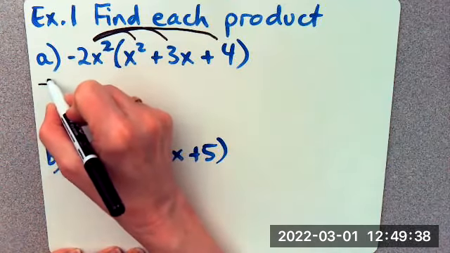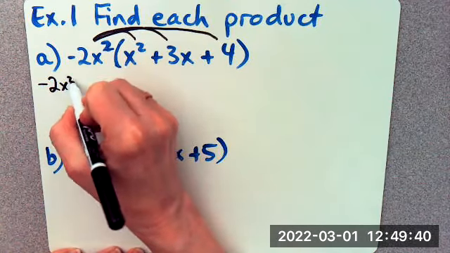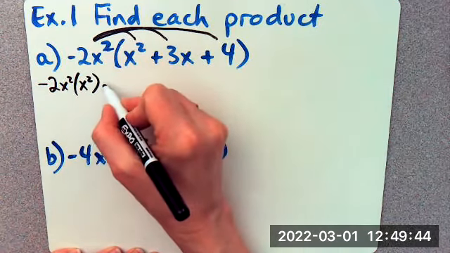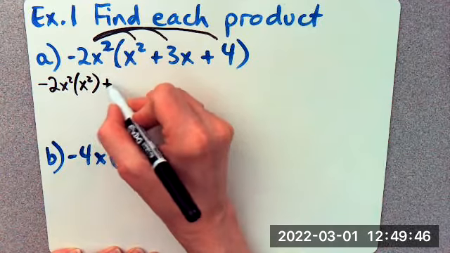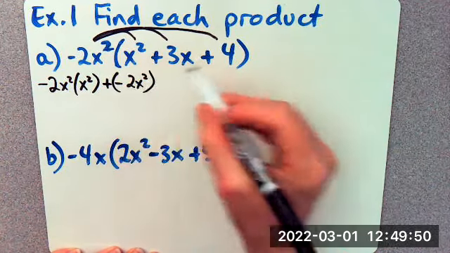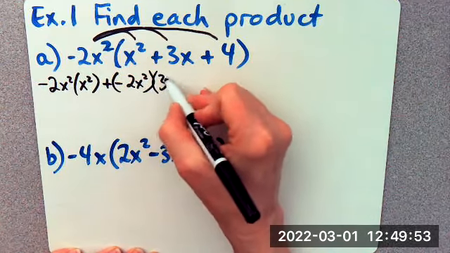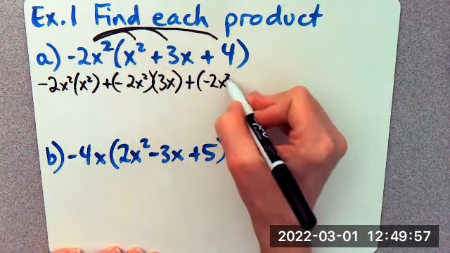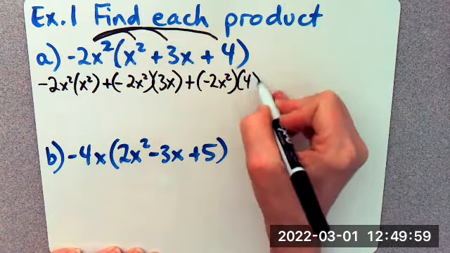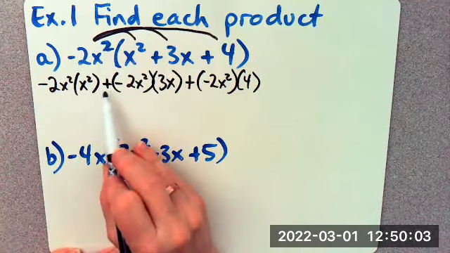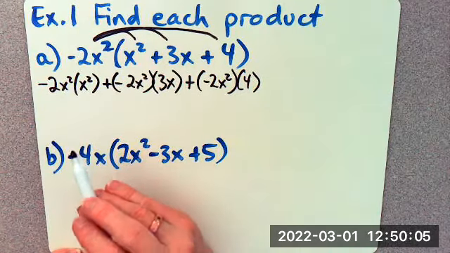So we're going to write negative 2x squared times x squared, and then plus negative 2x squared times 3x plus negative 2x squared times 4. Now we see we're going to have a plus minus, so we don't need to write plus minus. We'll just write a minus.